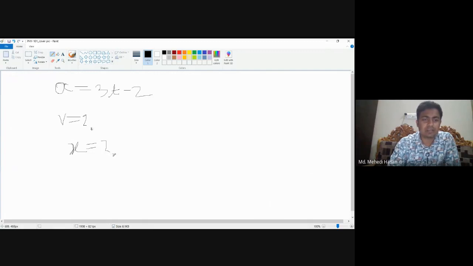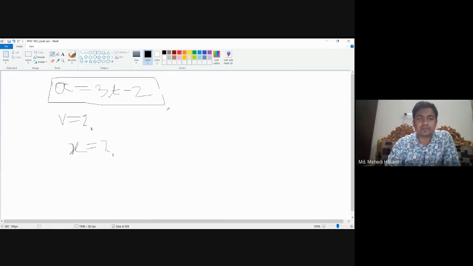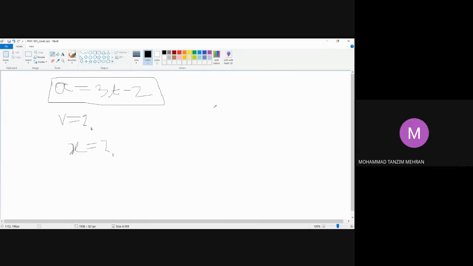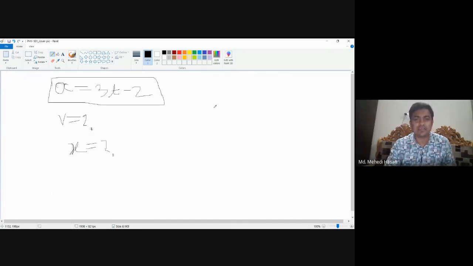How can we find out the velocity and position if the acceleration is given as a function of t? If we reverse the process of differentiation, what is the reverse of differentiation? Integration, sir. Yes, so we have to integrate.